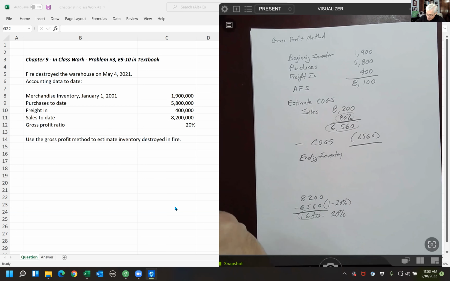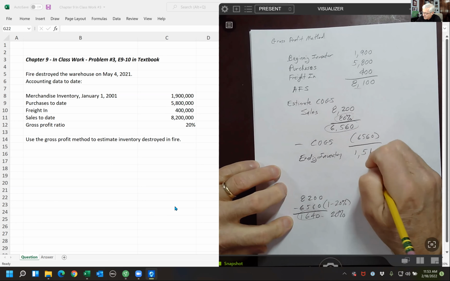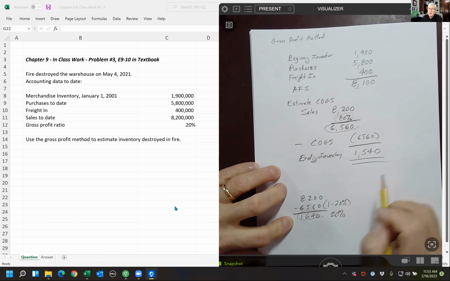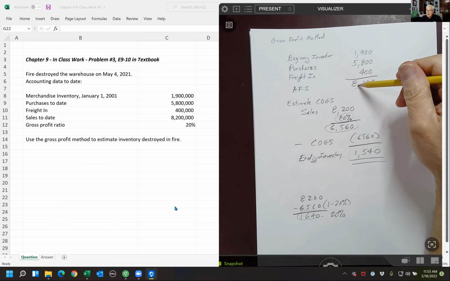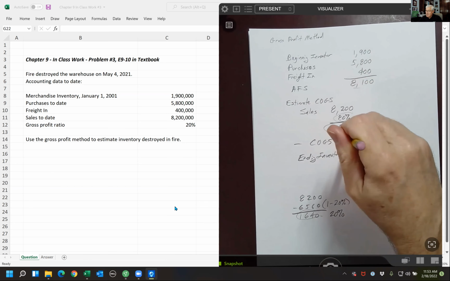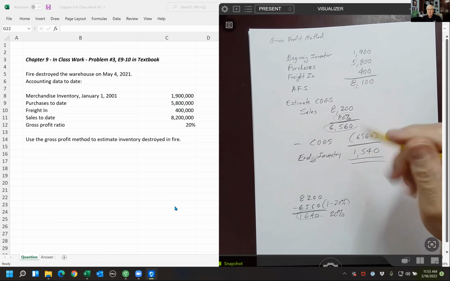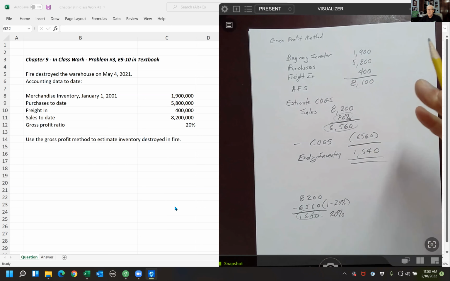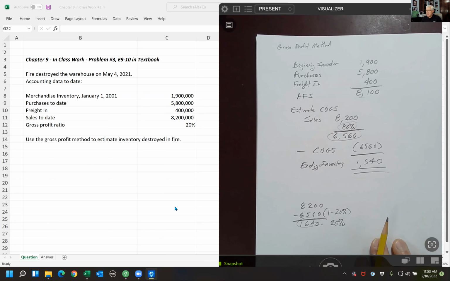8100 minus 6560, 1,540,000. Remember, the normal formula we do is available for sale minus ending inventory equals cost of goods sold. So we just reverse those two, and algebraically it still works, right? So we use very, very simple kind of algebra in accounting.